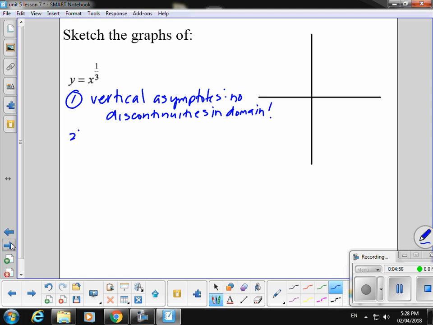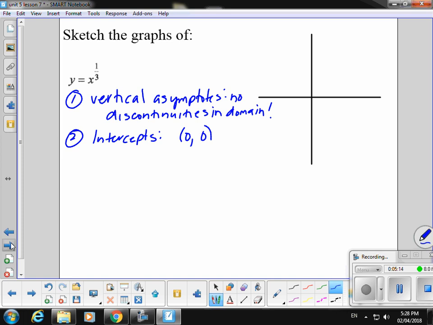But we thought about it. Number 2 was x and y intercepts. When x is 0, y is 0. When y is 0, x is 0. There are no other options for that one.